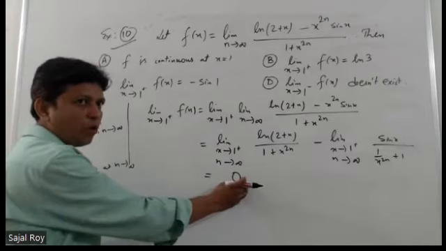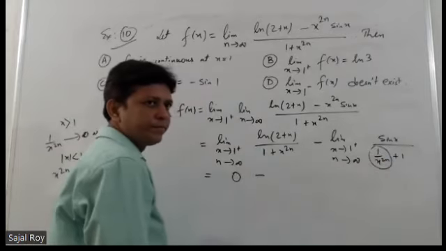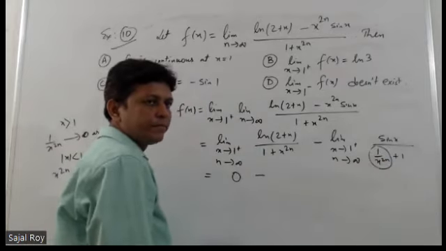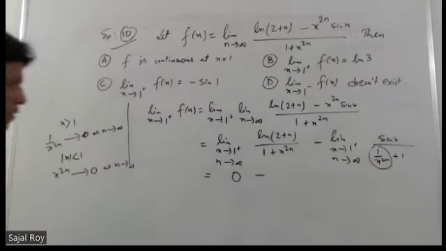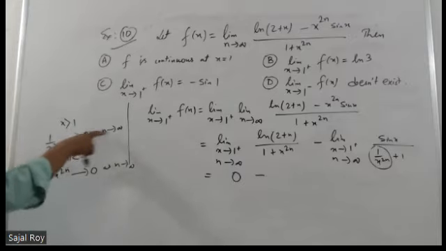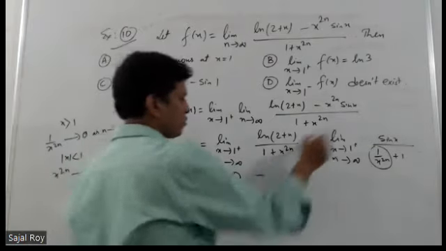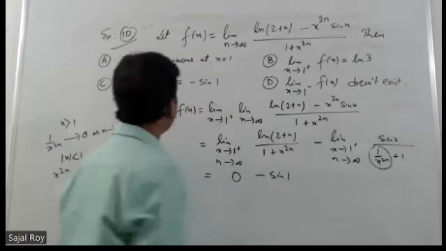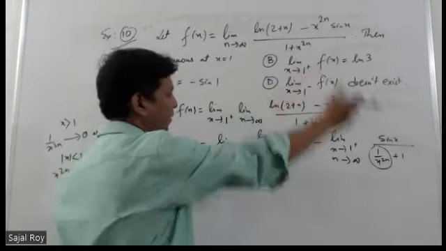Minus, this value will be 0 too, because 1 by x to the power 2n tends to 0. What is sin x by 1? So it's sin 1 minus sin 1. You got option C.